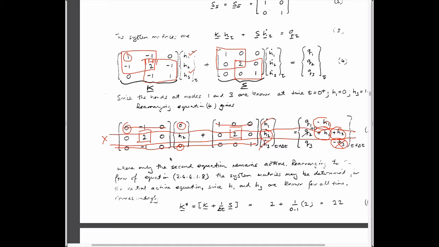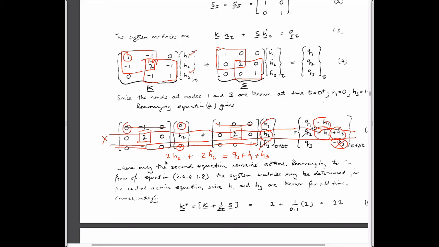So I suppose we could write this equation, if we wanted to, as 2 times H2 plus 2 times H2 dot, which is this term here, is equal to Q2 plus H1 plus H3. So that's all that we have left out of this.